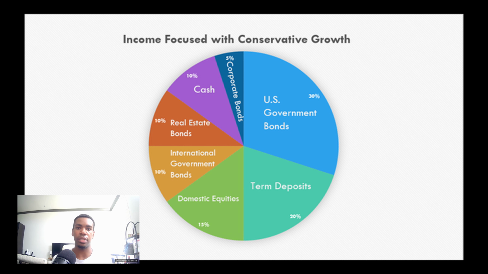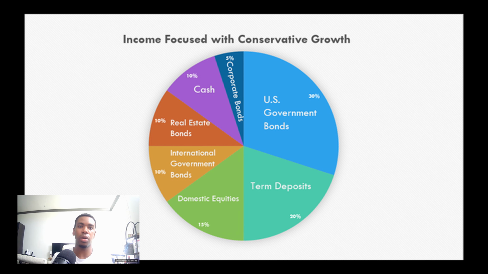Quality listed company bonds generally provide a better return than government bonds, but are still considered lower risk investments than company shares. Using these asset classes helps protect the portfolio from market volatility, but still provides a steady income for an investor.